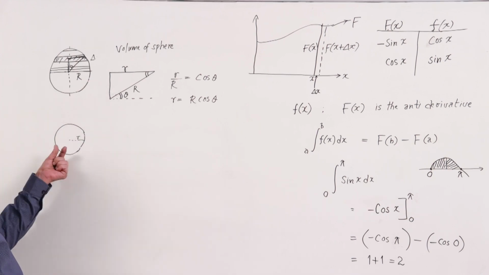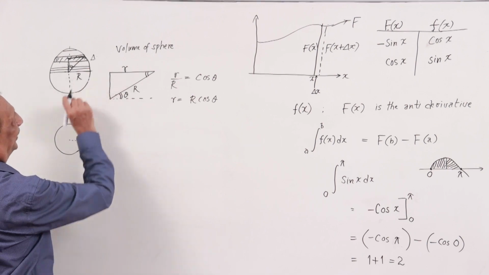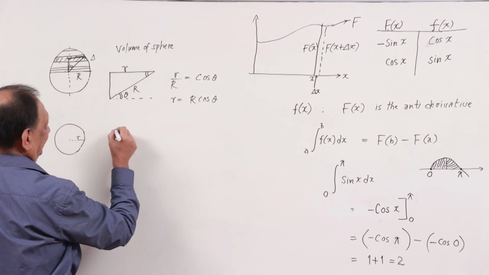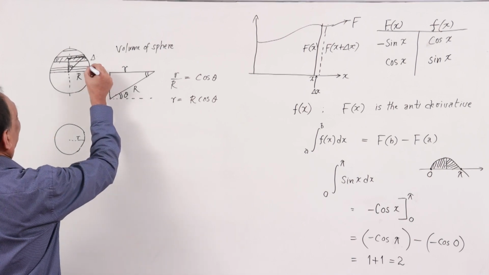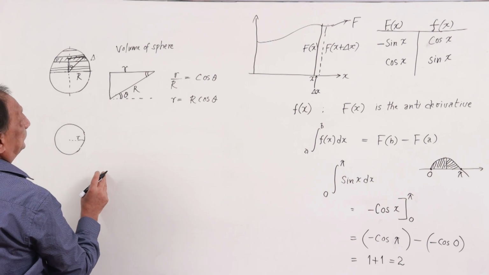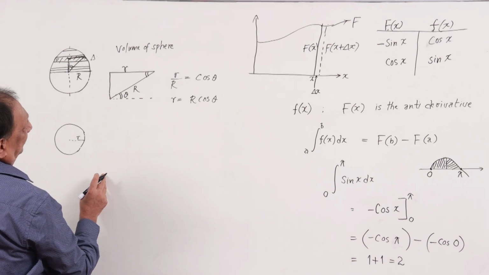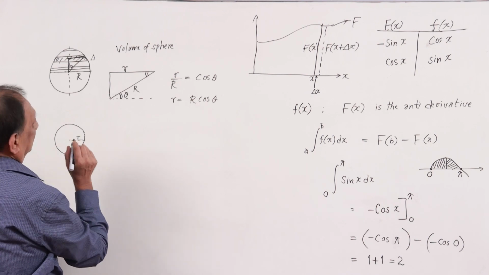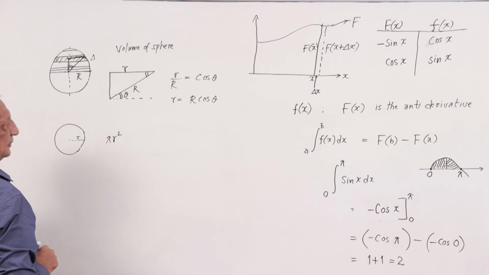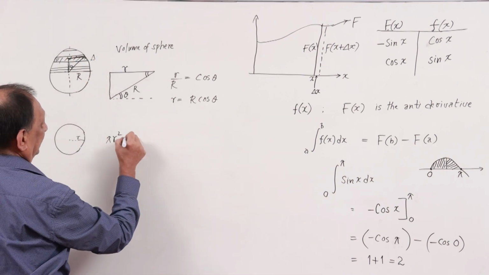And what is the volume of this disc? We are increasing theta by a small quantity, so it becomes thicker. So you understand? What is the thickness? Let us assume some thickness for it. Pi r squared is the area, correct? Multiplied by the thickness, right?